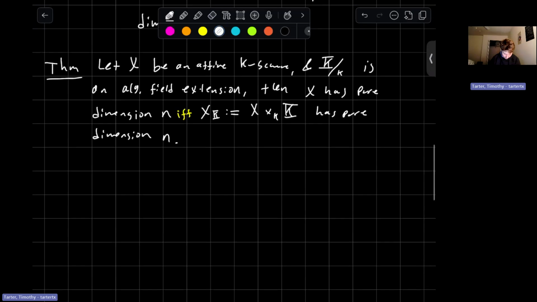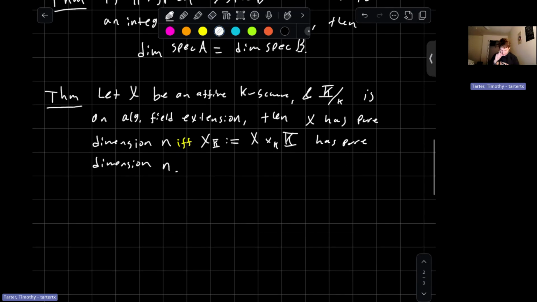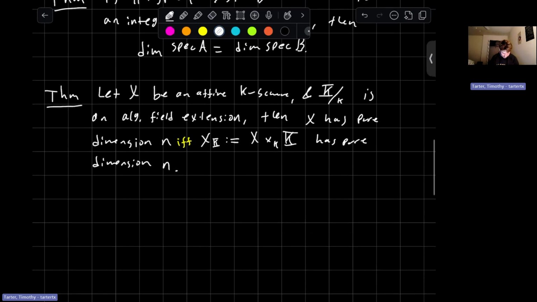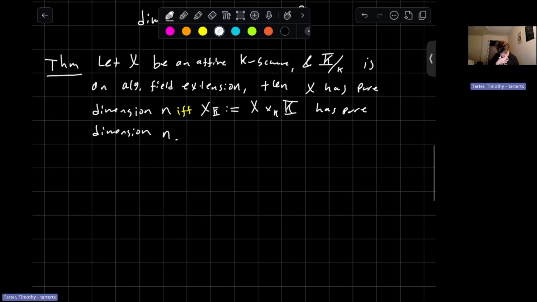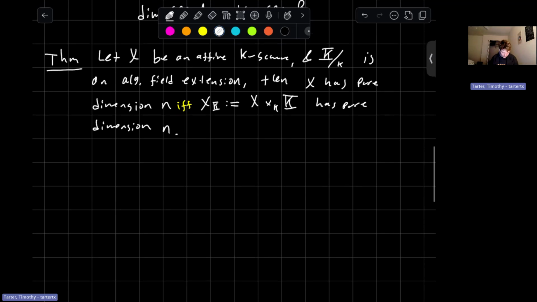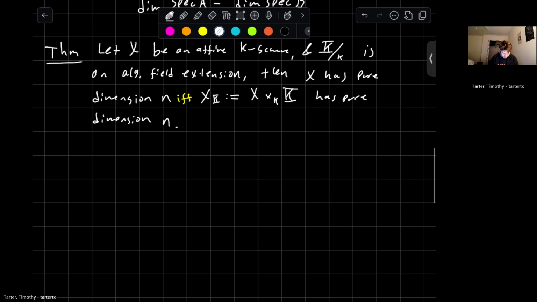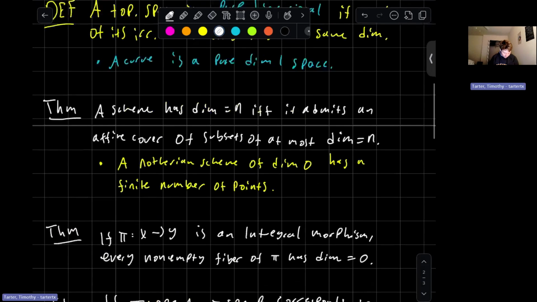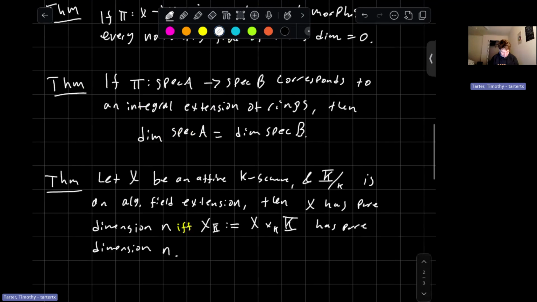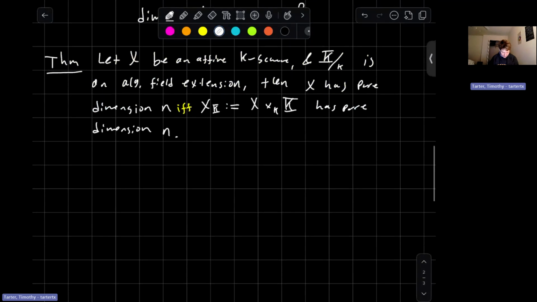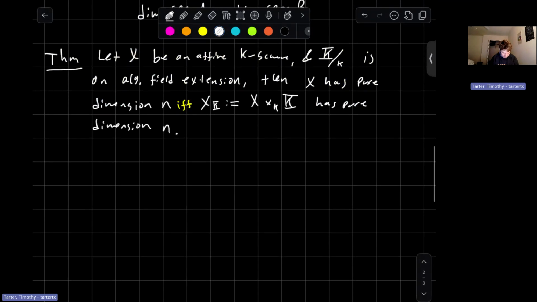Okay, so what do we mean here? We have an affine k-scheme X, and then we have an algebraic field extension K. We defined pure dimension to have irreducible components of the same size.